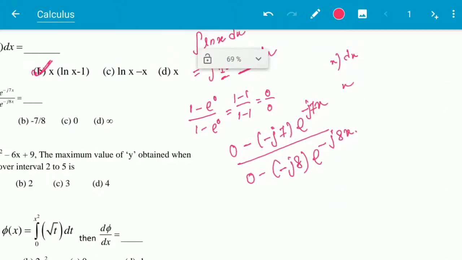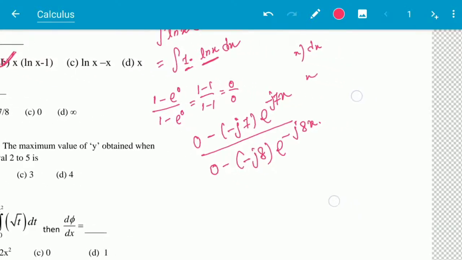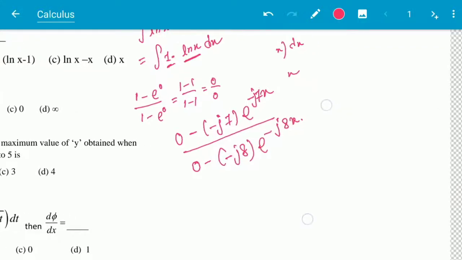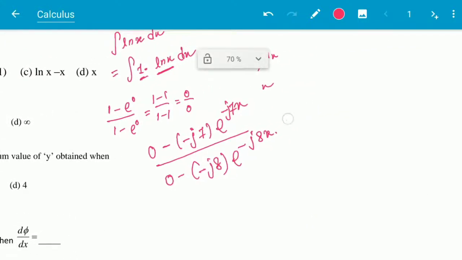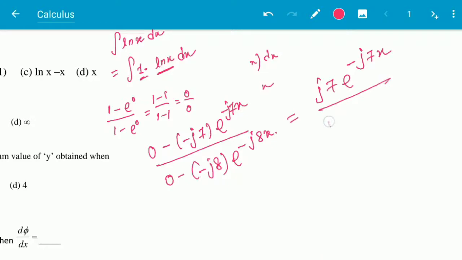This will be 7 e to the power minus 7x by 8 e to the power minus 8x.